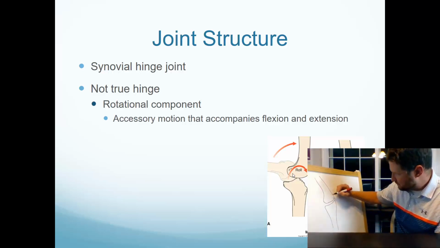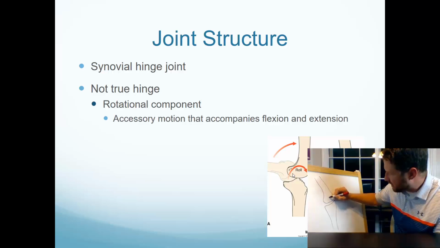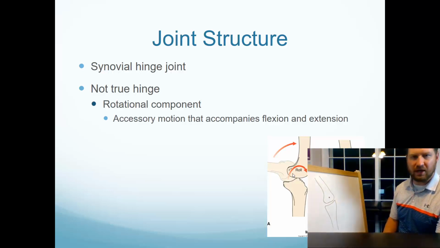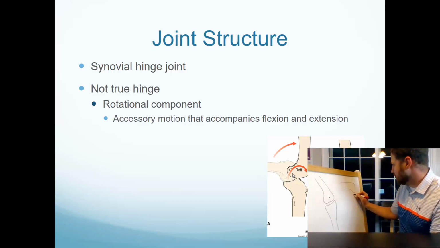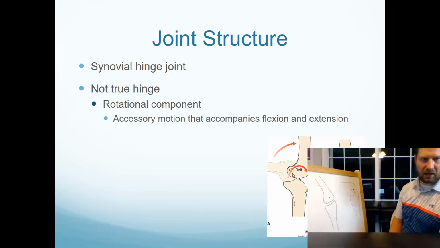We'll say just for our sake that the center of rotation may be there. But if we go into more like 90 degrees of flexion, that center of rotation now may be there.